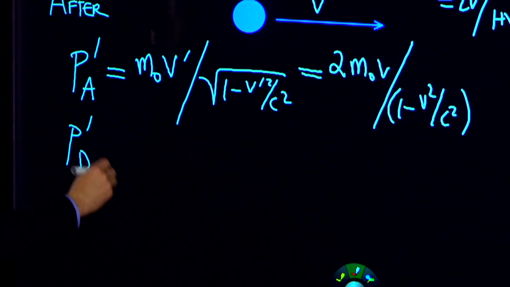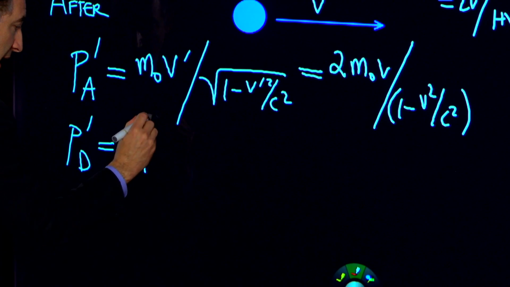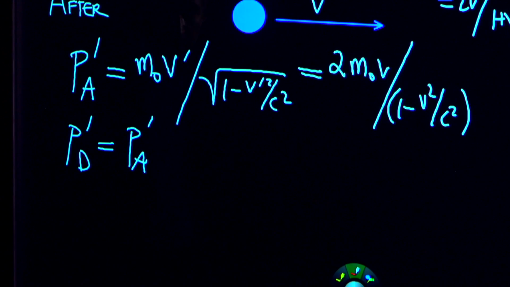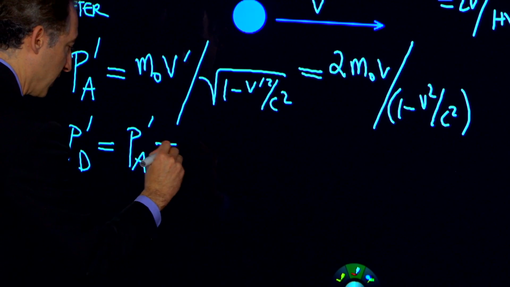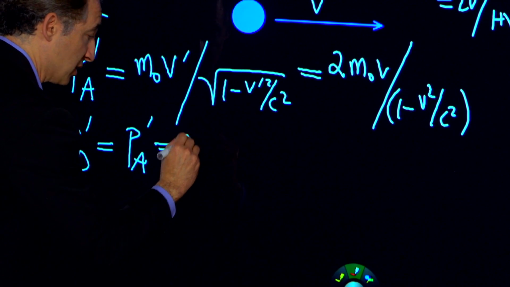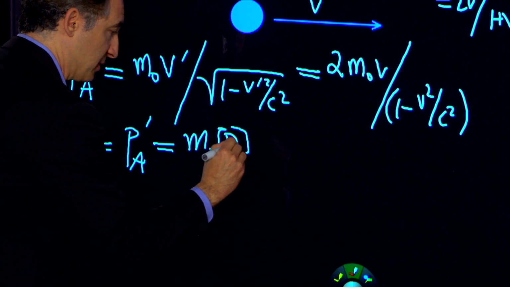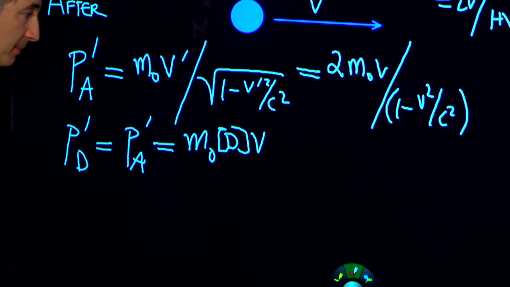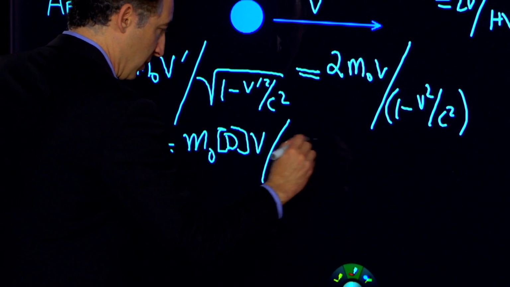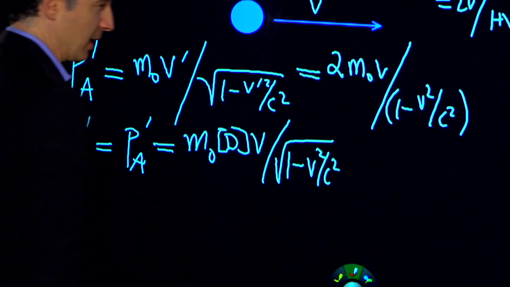Well, first off, this, of course, is equal to the momentum of particle A by momentum conservation. But let's write down the formula for the momentum of particle D in its own right, which is equal to its rest mass, m naught of D, times its speed v times gamma, which is 1 over the square root of 1 minus v squared over c squared.